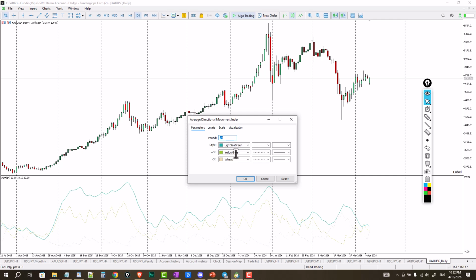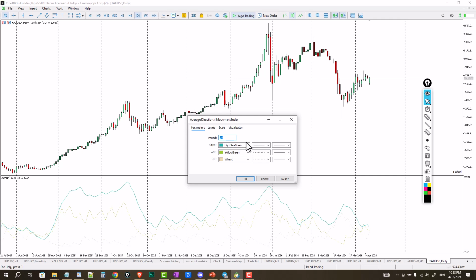The plus DI is yellow green and is a dotted line right below the main ADX line. The minus DI is colored wheat, and it's also a dotted line in the indicator window here. I personally don't use them, and a lot of traders I know who use the ADX indicator to identify the strength of the trend in the market usually don't use them.